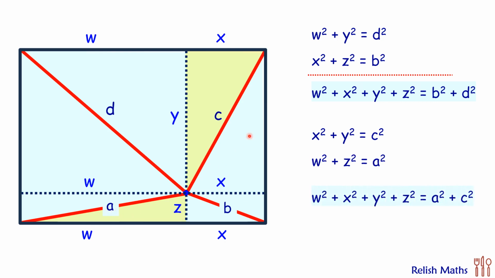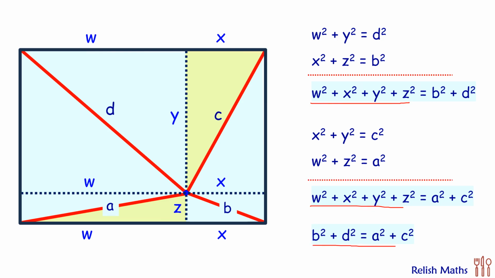Adding these two equations, we get W square plus X square plus Y square plus Z square is A square plus C square. Now in these two equations, the LHS on both sides is the same. So the RHS have to be equal, and thus we get B square plus D square is A square plus C square. And this is what we had to prove.